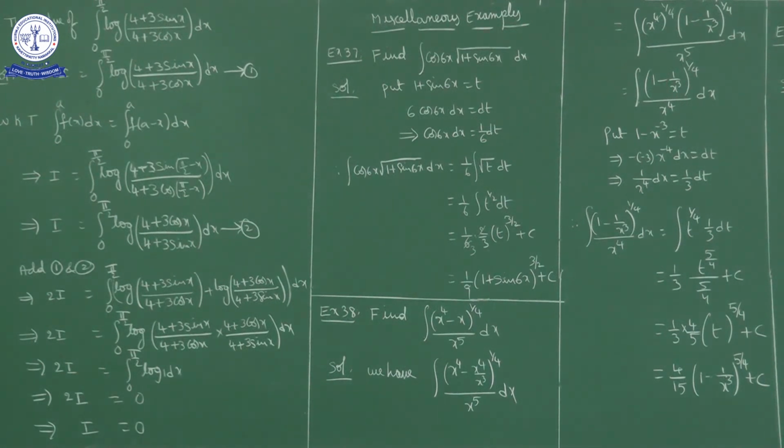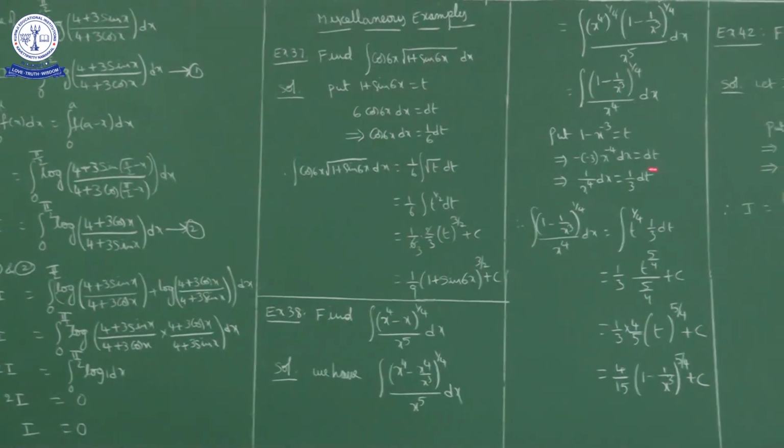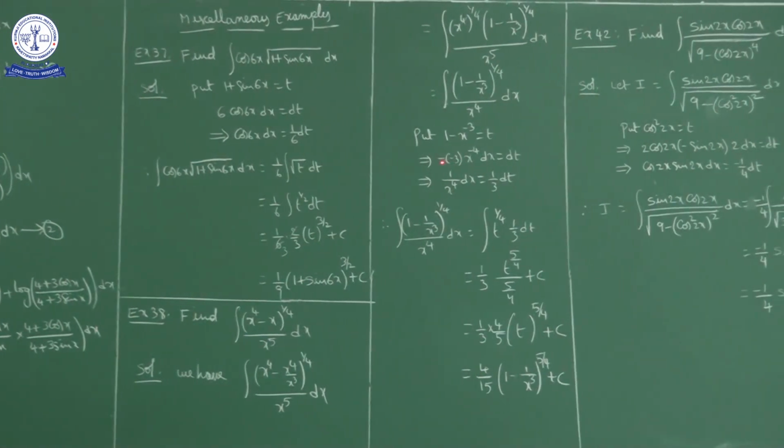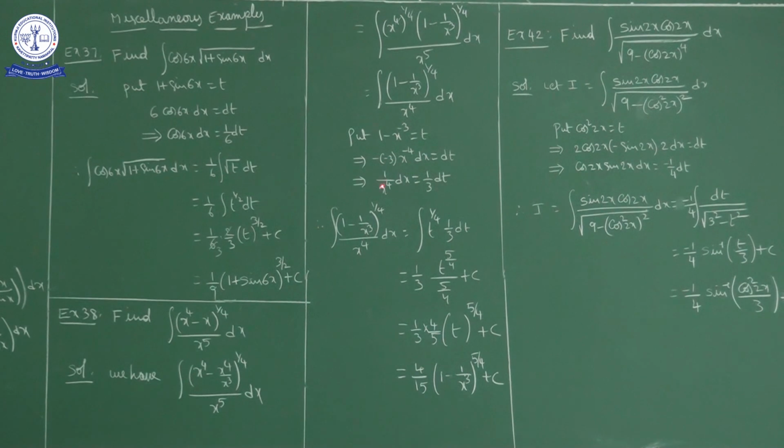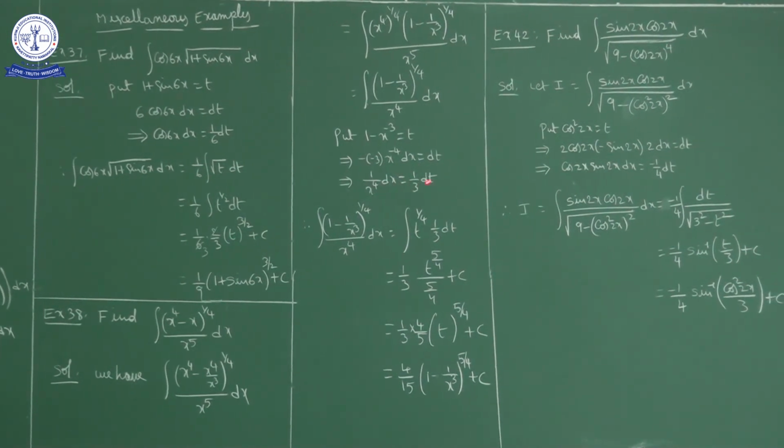Put 1 minus x power minus 3, since 1 by x cube is nothing but x power minus 3, as t. So constant derivative 0, minus x power minus 3 derivative is minus 3 into x power minus 4 dx, equal to dt. So minus of minus is plus; if you cross multiply, we get 1 by x power 4 dx equal to 1 by 3 dt.